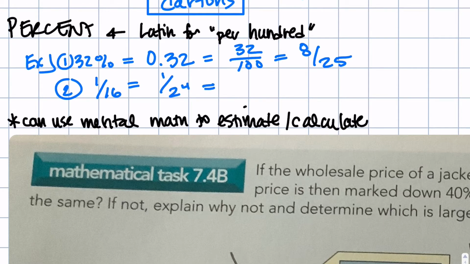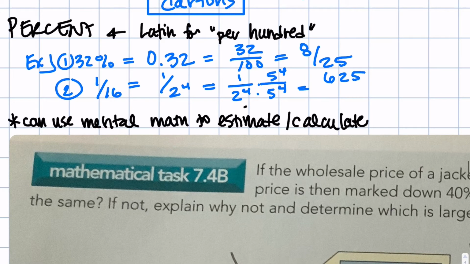So I'm going to use the same trick where I multiply by powers of 5 on the top and the bottom in order to get powers of 10. I want the denominator to be 10 to the fourth, so I'm going to multiply by 5 to the fourth over 5 to the fourth. So this gives me 5 to the fourth over 10 to the fourth, or 625 over 10,000.